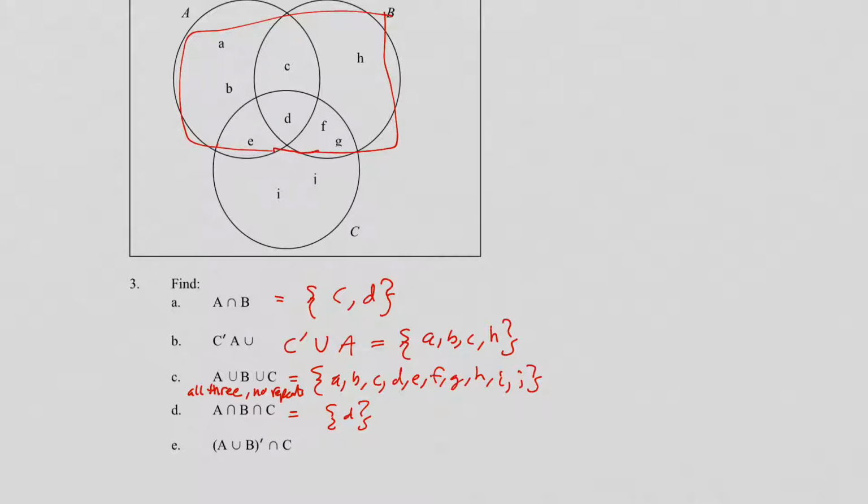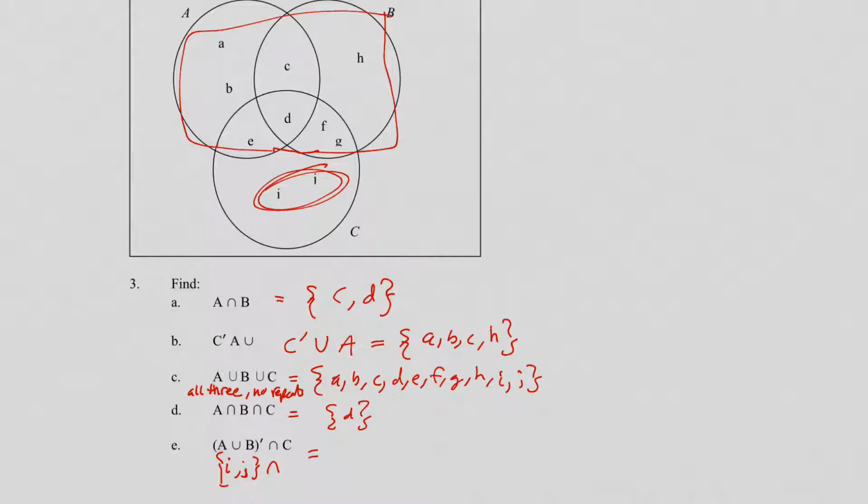But it says the complement of that. Okay, the complement is what's outside. So those two, that is I and J. Intersection with C. Well, C is already I with a bunch of other stuff there. So what's in common with C is I and J itself. Okay, so it's pretty straightforward.